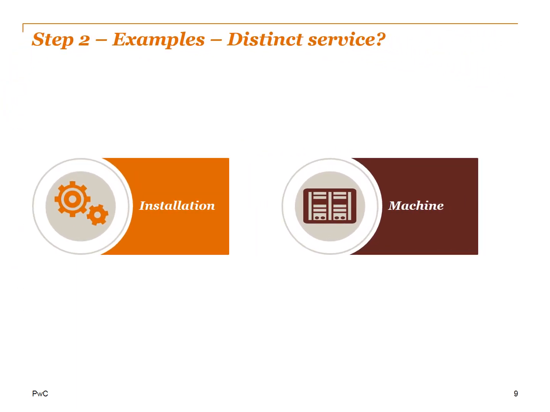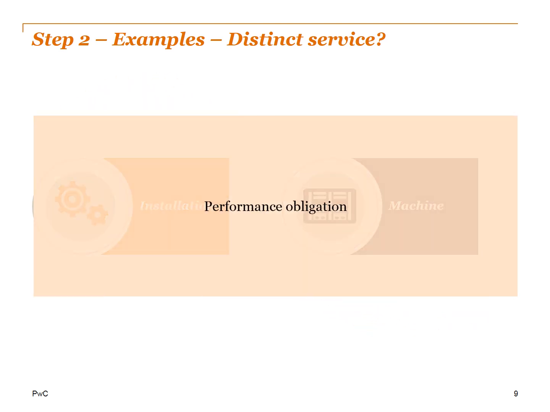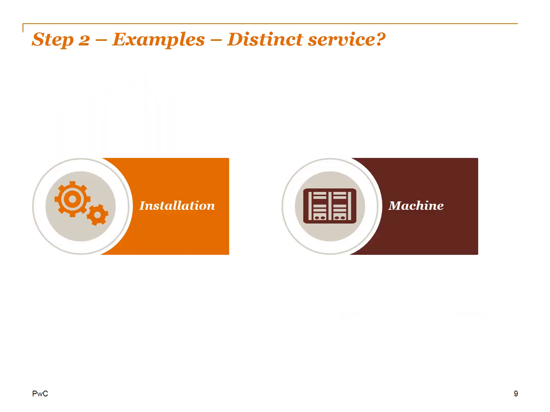Let's consider some examples. In one example, a customer has contracted to buy an installed machine. Let's assume that the installation services can only be provided by the machine seller, and therefore the customer cannot benefit from either the machine or installation on its own. They are highly interrelated. The service significantly customizes the machine. In this situation, there's a single performance obligation.